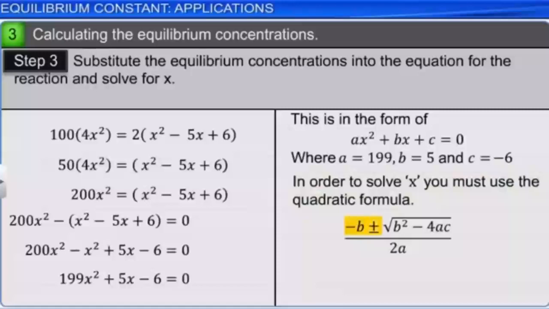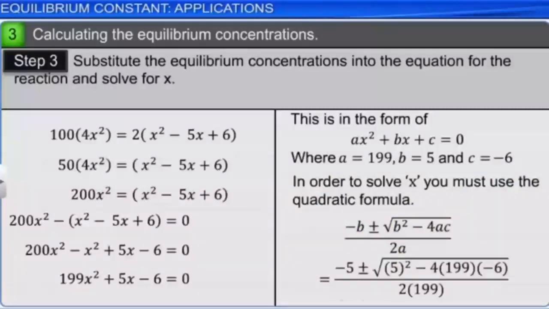On substituting the values of a, b and c, we get minus 5 plus or minus square root of 5 square minus 4 multiplied by 199 multiplied by minus 6 divided by 2 multiplied by 199.